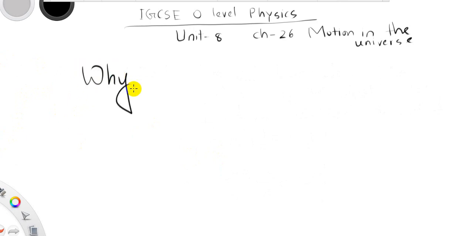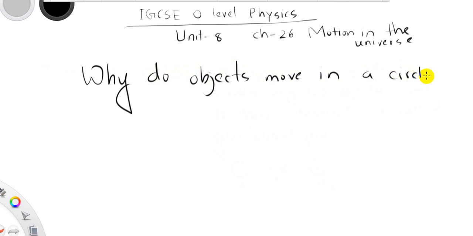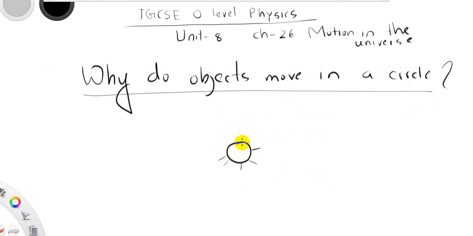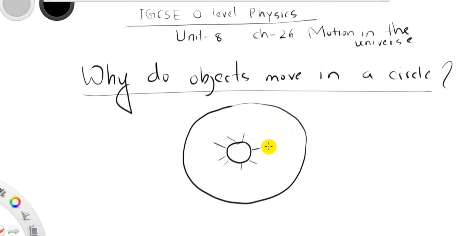Say this one is the sun, our sun. Eight planets revolve around the sun in a circular orbit.